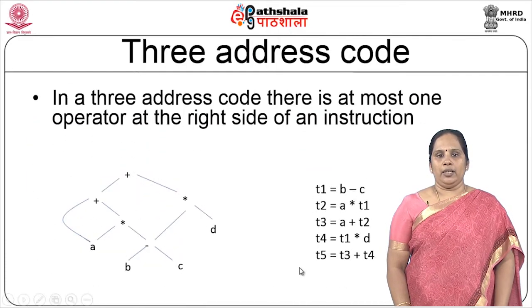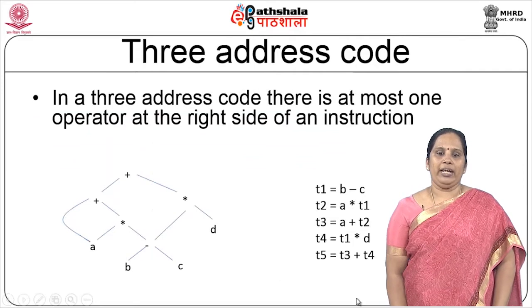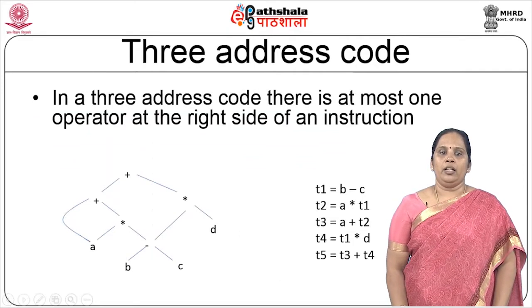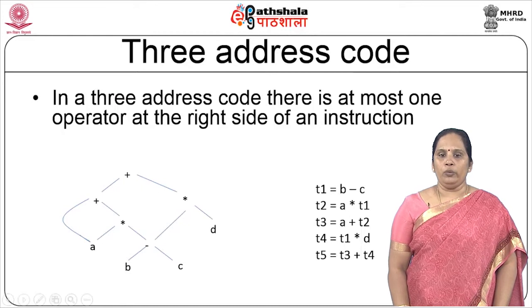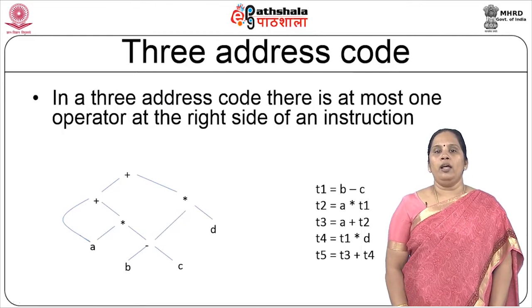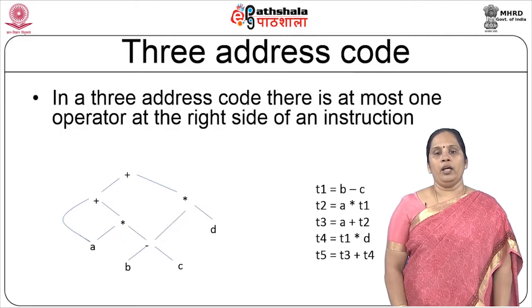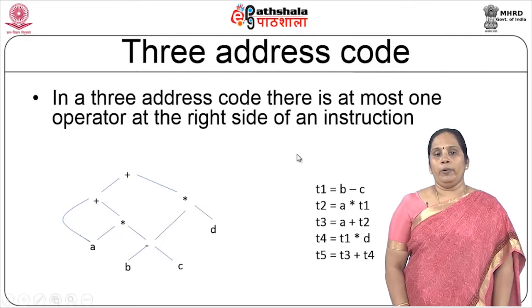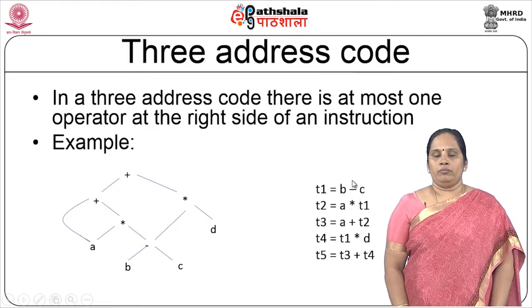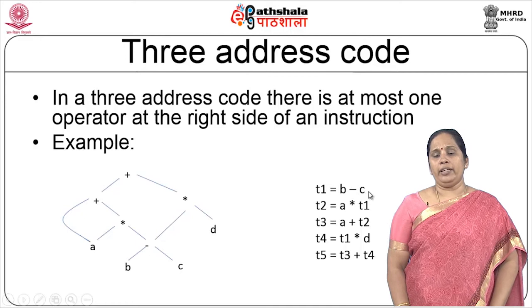So consider this example which we stopped at in the previous module. A three-address code is one where there are at most 3 operands. There is at most one operator on the right hand side of an instruction, and basically only 3 addresses are possible.